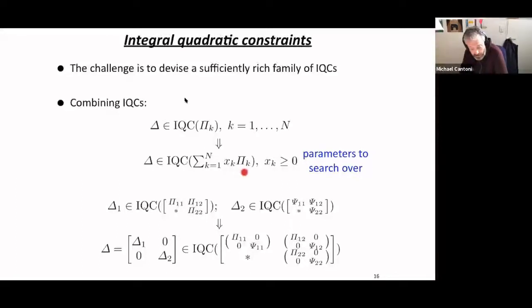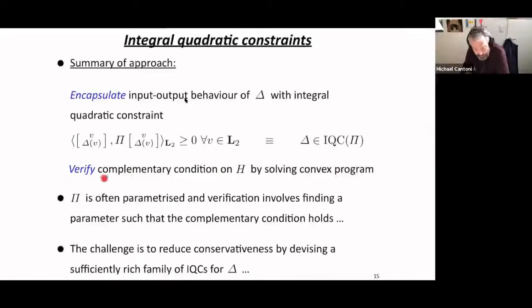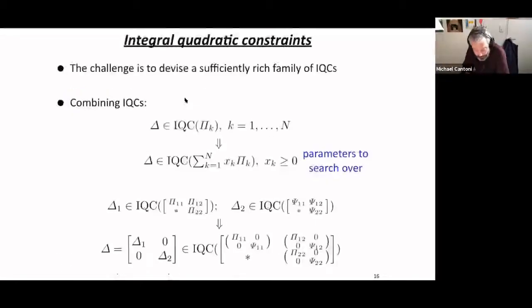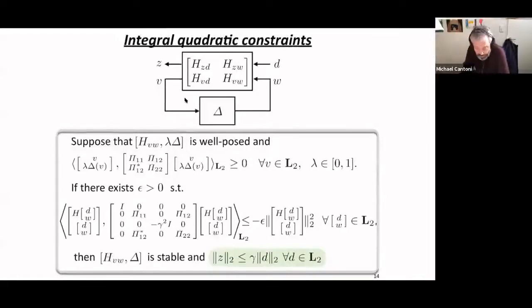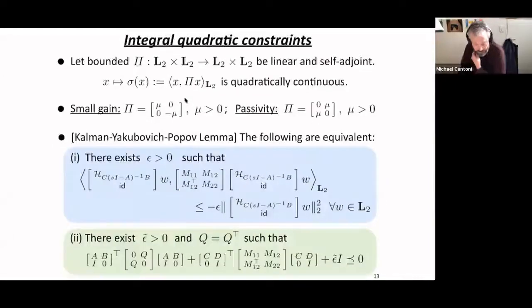So this is showing you how you might end up with a parameterized family, where the parameters will be xk in this case. Verifying this complementary condition will be about finding an appropriate xk such that this condition holds. And often that corresponds to a convex program again, in the sense that those parameters appear here, and so this is still a linear inequality in the parameters.